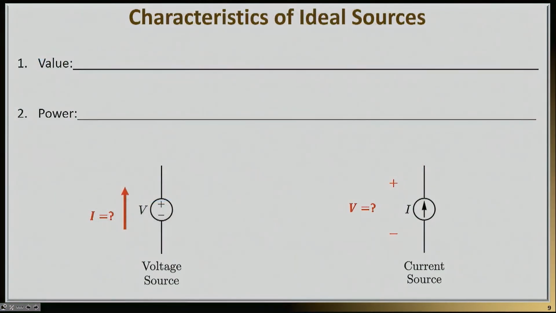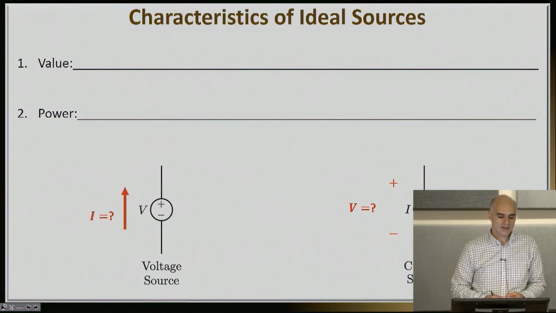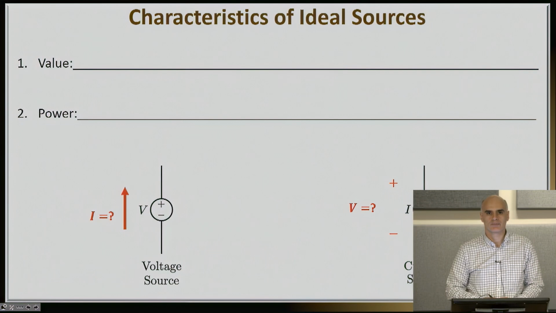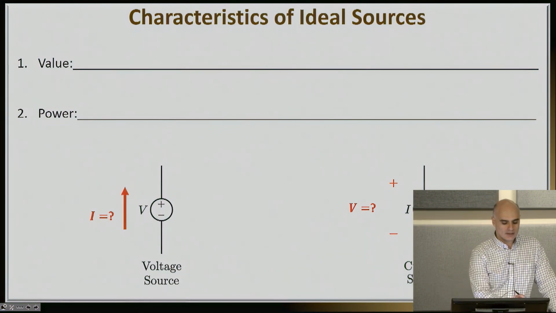Now, finally, let me talk about the issue of ideal versus non-ideal sources. So when we talk about ideal sources, essentially we have to think about two main things: the value and the power of the source. So the value of an ideal source is essentially independent of time.